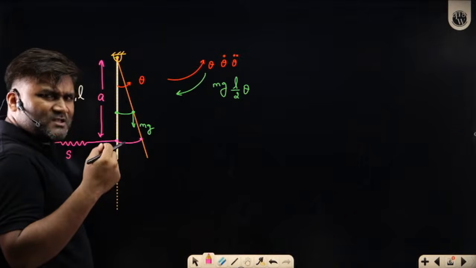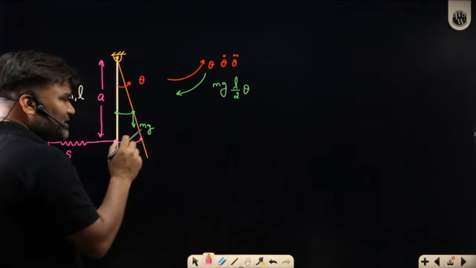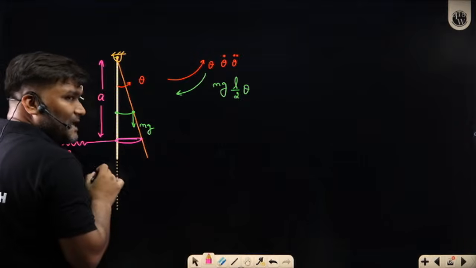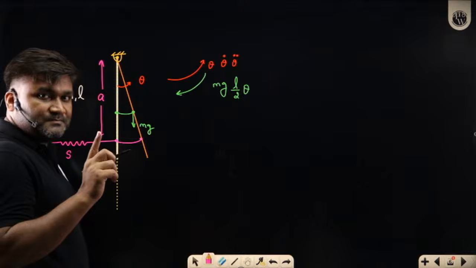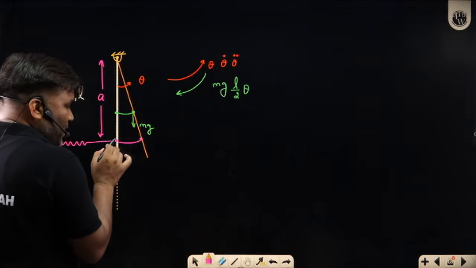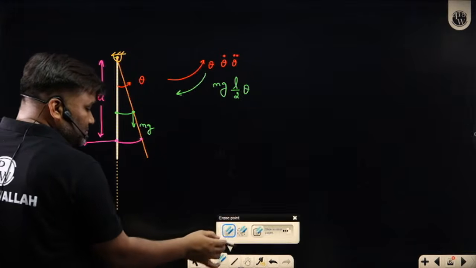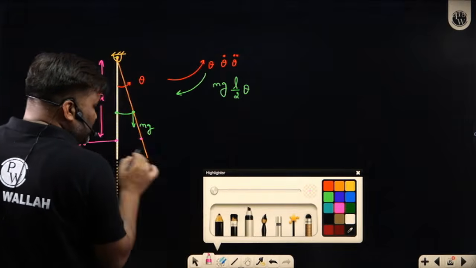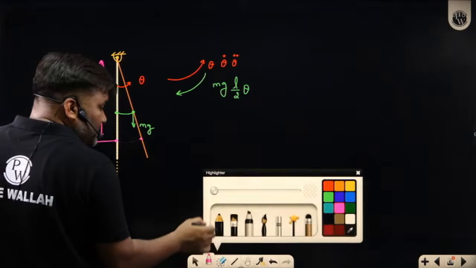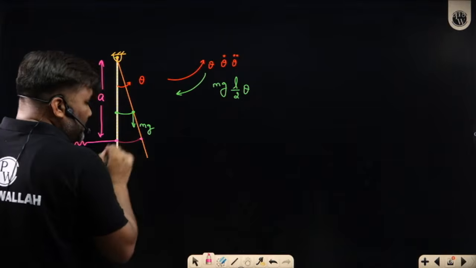But for very small amplitudes, can I treat this as a line? For very small theta, this is possible. Keep that in mind. So this point has reached here, in the form of this arc.